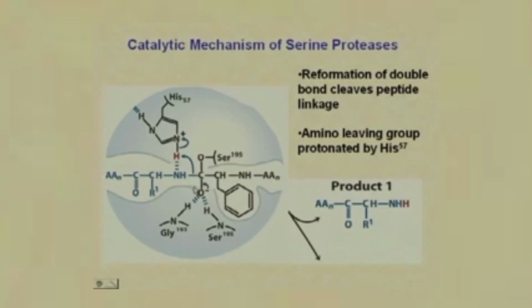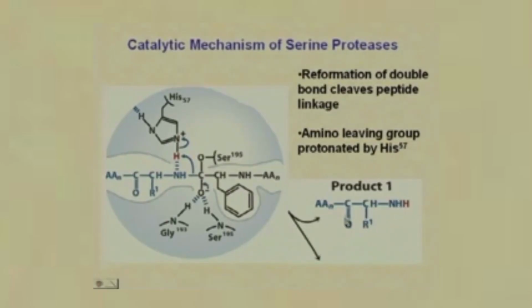Because we have a cleavage of the peptide bond here, you are going to have a carboxyl terminal and you are going to have an amine terminal. So, this H that had been abstracted by histidine 57 from serine 195 in forming this intermediate is now part of the first product, which is the amine terminal part of the polypeptide chain that is leaving, right?